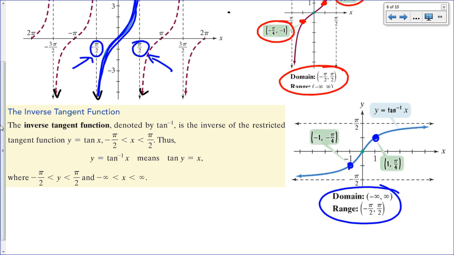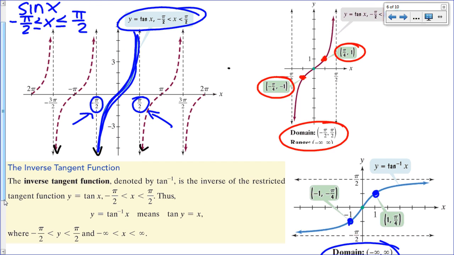Let me see if I can draw both on the same xy axis. Something like that. I always have trouble drawing that.